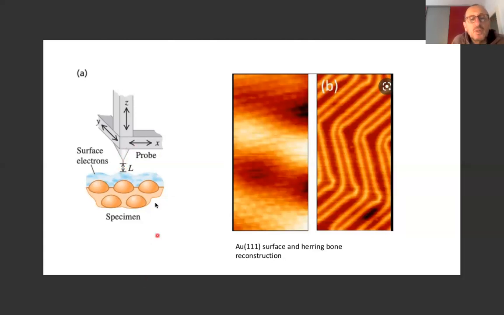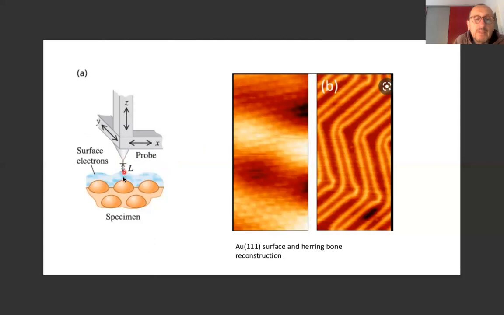And then what one can do is tell the microscope to do this raster scan while keeping the current constant. We want the current that goes through the tip and this place to be constant.